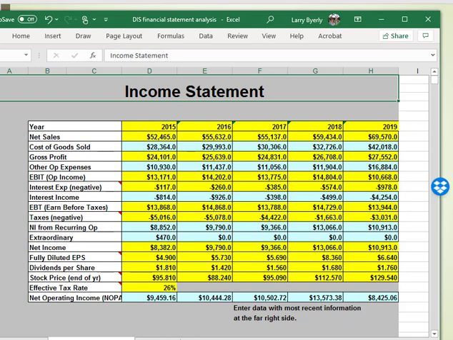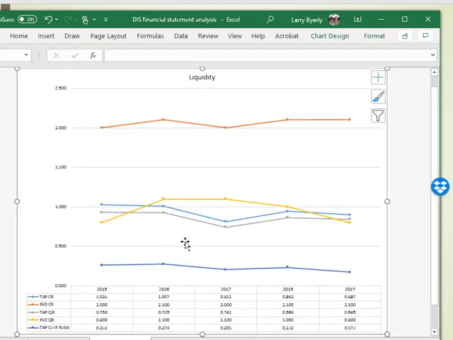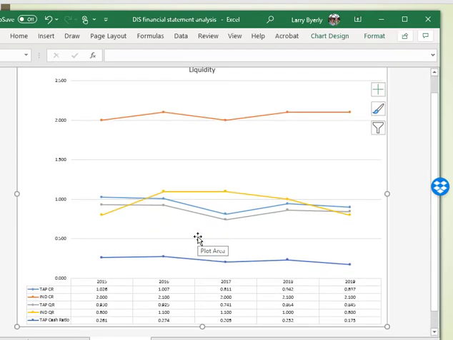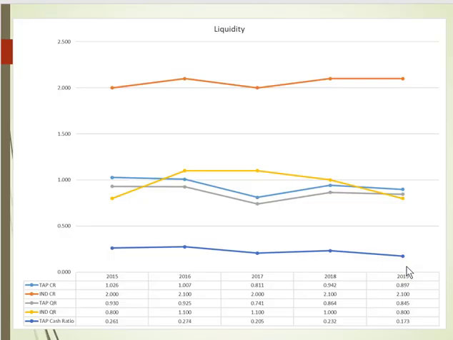Now, what I want you to use is a series. I'm looking for the very first one, the liquidity ratios. Down below these labels, these are all graphs. So here's the liquidity ratios. This is the picture that you see in my PowerPoint slide.